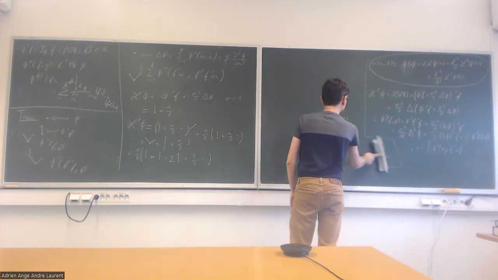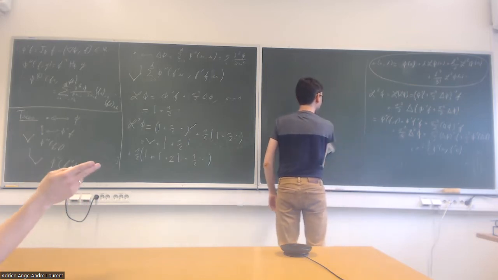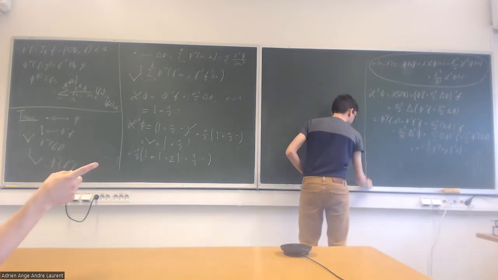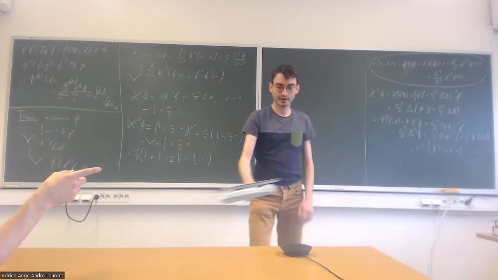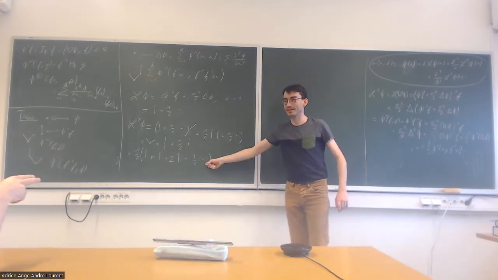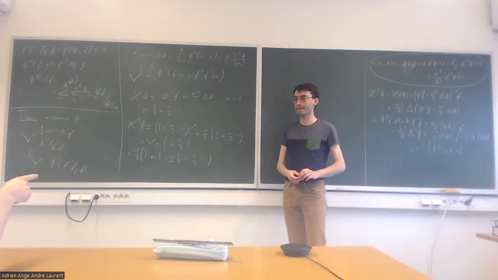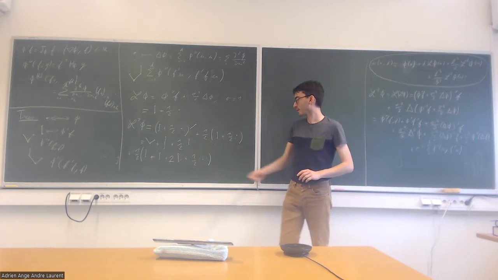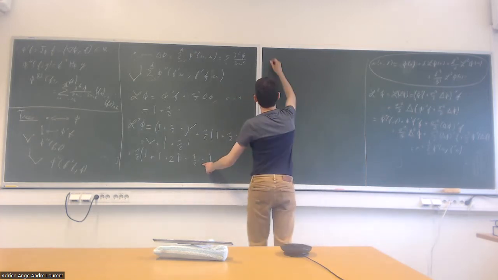Okay, can I ask something quickly? When you have the Laplacian squared of phi, which one is it? That's that one, right? Yeah. And the last one is this one that is linked to the other. Okay, it's worth writing it with that action squared.